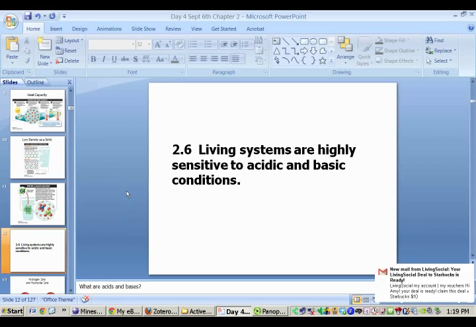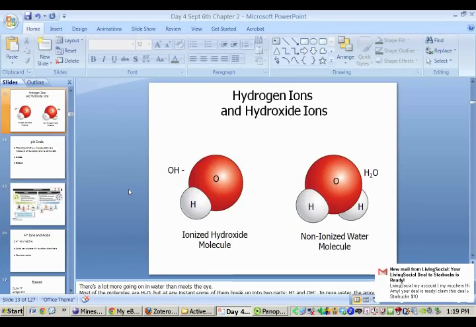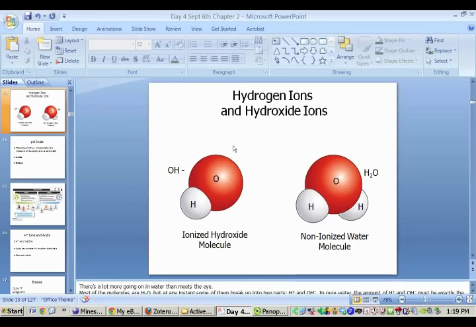So let's look a little bit at those. When something is considered acidic or basic, you see that if it is considered acidic, it is going to have hydrogen ions, and if it's considered to be basic, it's going to have hydroxide ions.